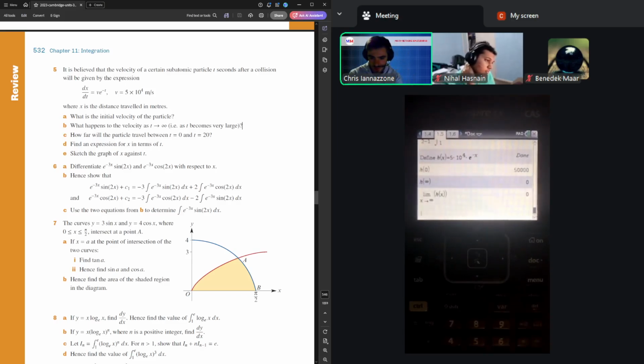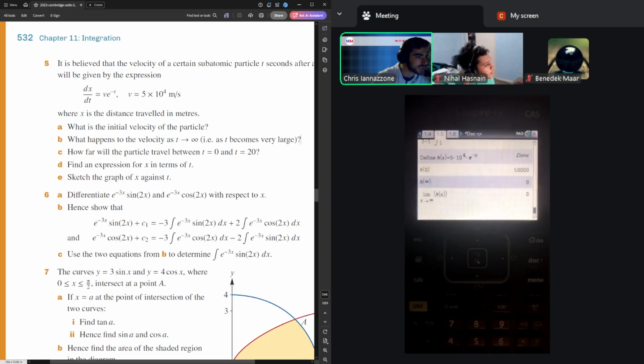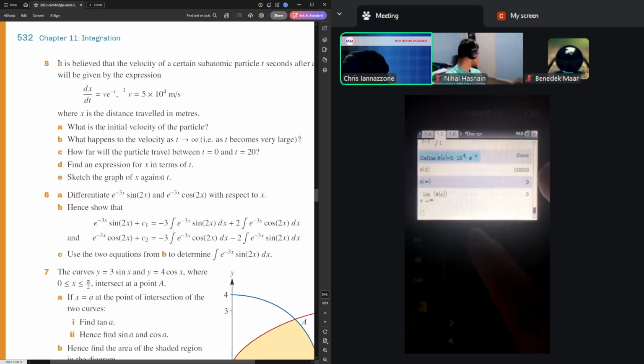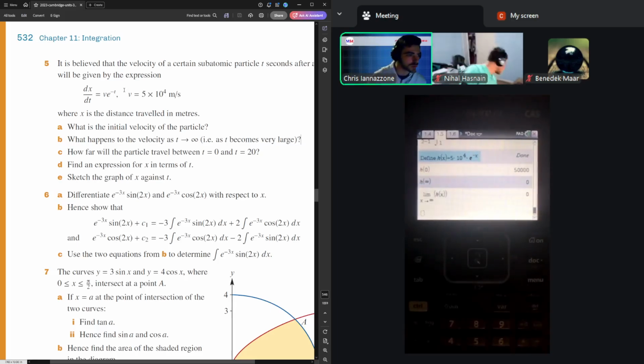I think I just missed your explanation. Why do you add the multiplication? That's just me defining the function. If you have a look at the question 5 function, v e to the minus t, that is v multiplied by e to the minus t. That's just how it was written, and v was 5 by 10 to the 4 itself.